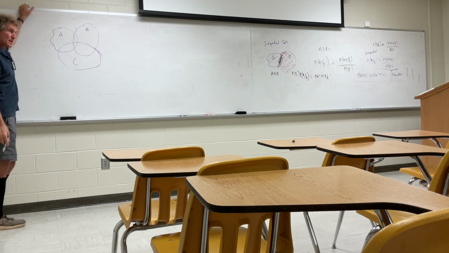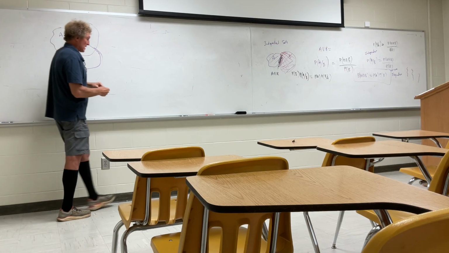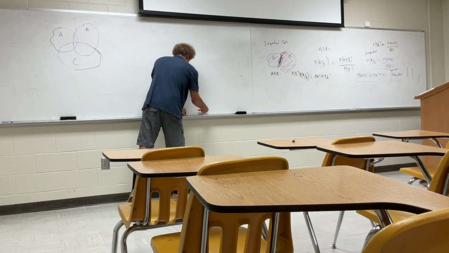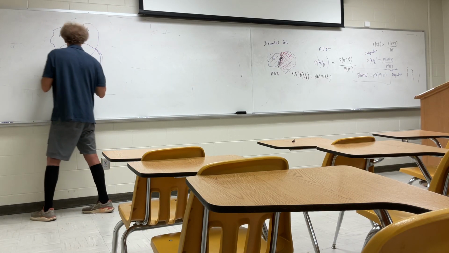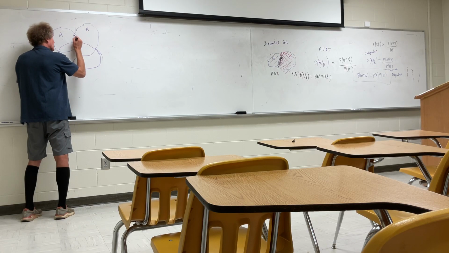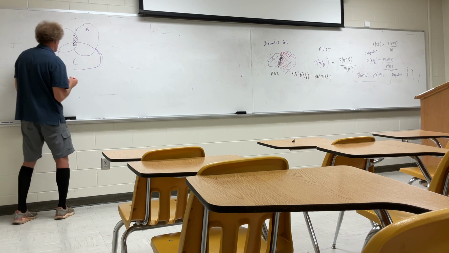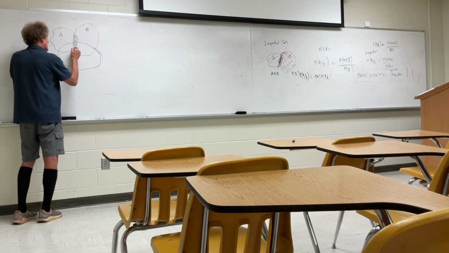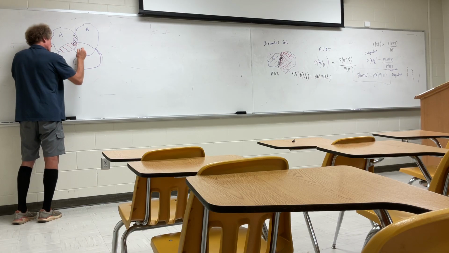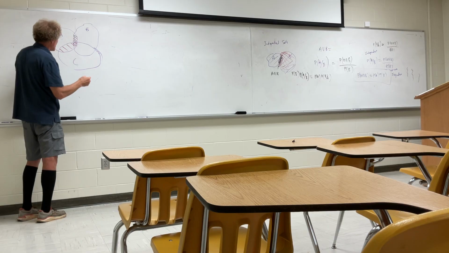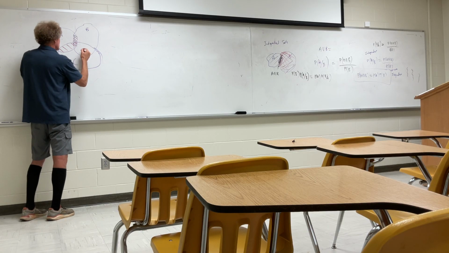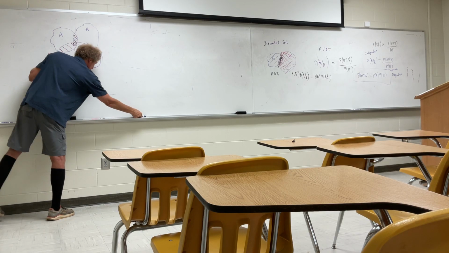Okay? Y'all with me? Now, after that's said, I can see A and B have an overlap here. And I can see C and A having this overlap. Can y'all see this? And I can see C and B having this overlap.